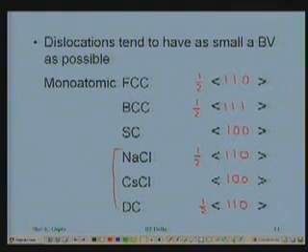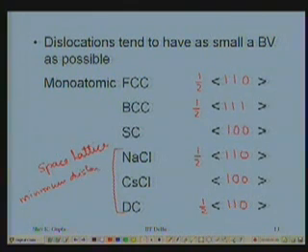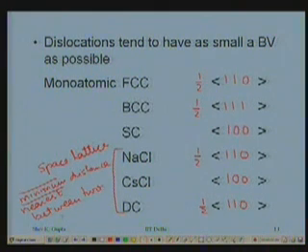So these three say the minimum distance between the lattice points. So you have to look at the space lattice. And this is the minimum distance between two lattice points, or the nearest distance between two lattice points instead of minimum. If you want to call it nearest, I think that would be more close.